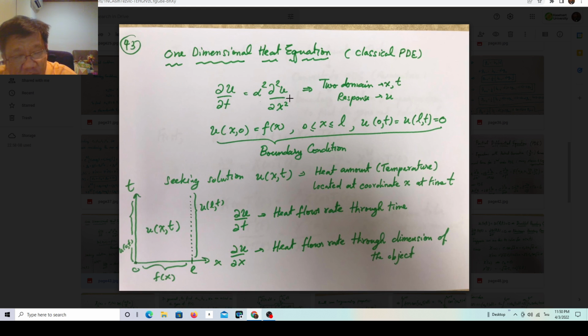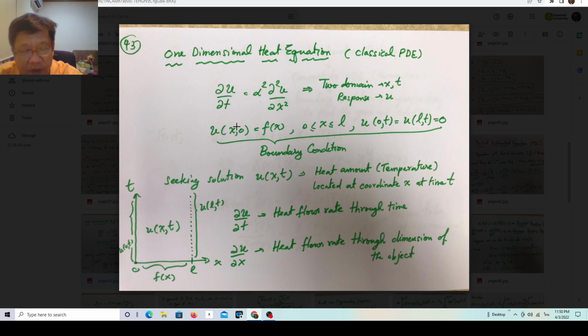Alpha squared is the way to transform the unit. The second-order rate of change of u over the dimension, times the conversion unit alpha squared, gives you the rate of change of u over time. Let's just say this is the simple way, but if you want to know the reason for this transformation, you might go to Wikipedia and search for the derivation of the heat equation.